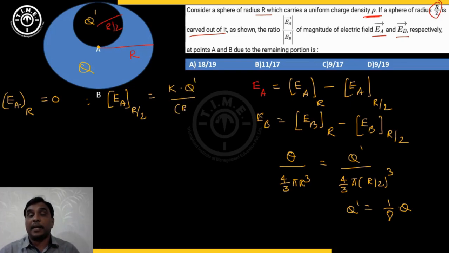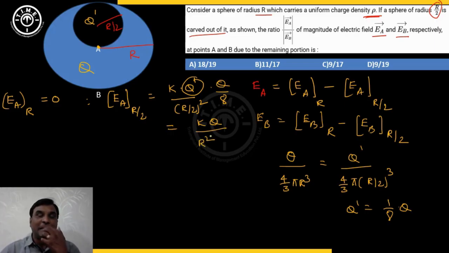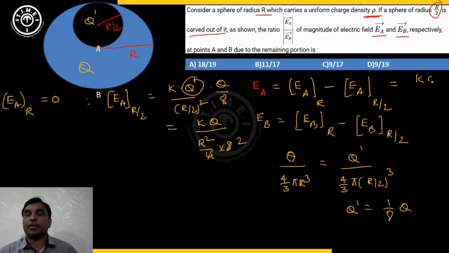So finally you can write this expression as K Q by r square into 8 by 4 into 8, so simply you are left with 2. So I can write this is K Q by 2r square. This is the electric field at A due to the smaller sphere and bigger sphere.